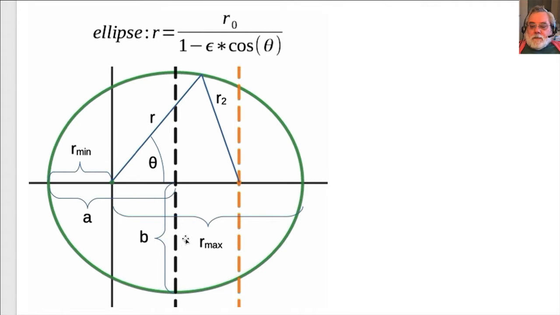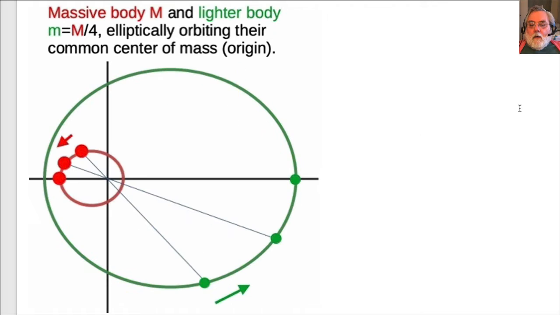B is the semi-minor axis length, from here to here. Epsilon is the eccentricity from 0 to 1 of the given ellipse.